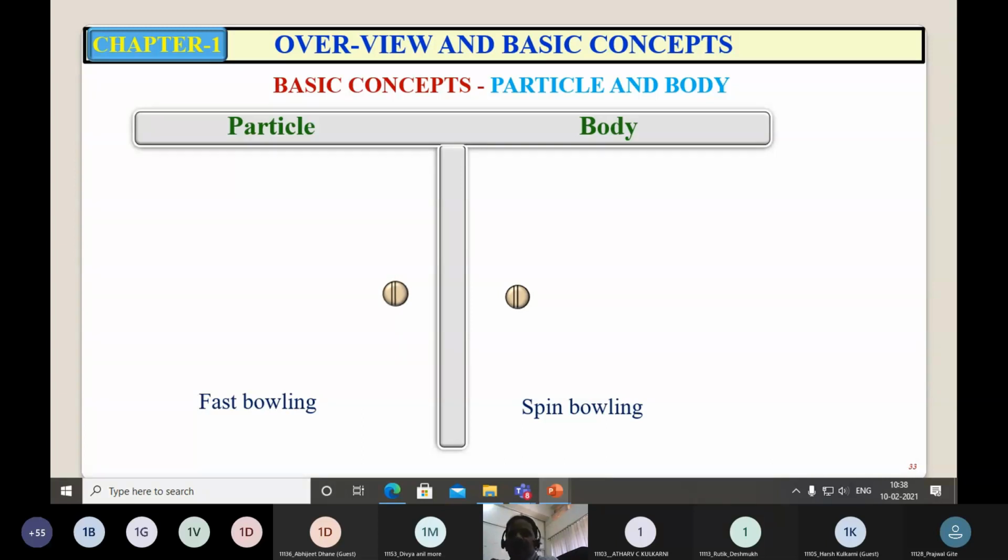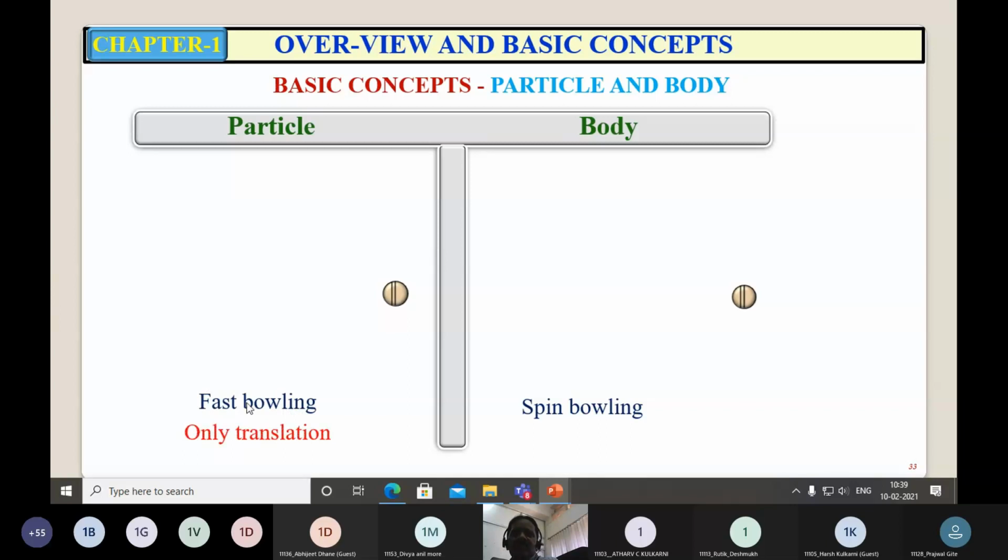Whereas in spin bowling, while analyzing the motion of the ball, we have to consider the rotation. That means we are treating that ball as a body. Understood? Depending on the physical situation, we can consider whether the given body is a particle or it can be treated as a body.